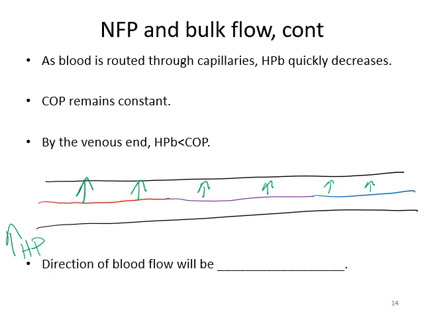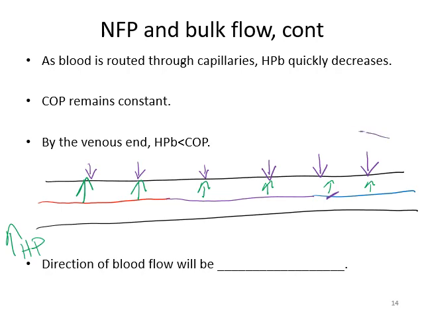Colloid osmotic pressure, however, stays pretty much the same as we move across. So that by the time we get over here, now our hydrostatic pressure is smaller than our colloid osmotic pressure.